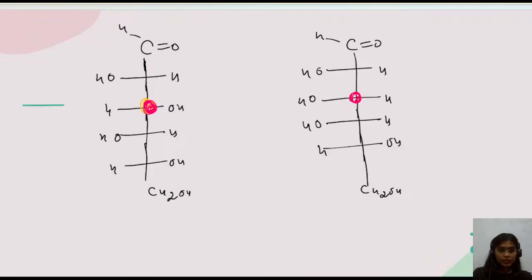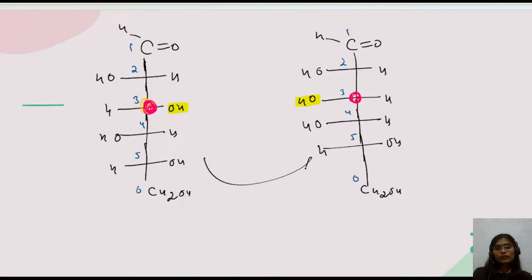Look at this. Here the OH is present on this side, and here the OH is on the other side. You can count the carbons as well: 1, 2, 3, 4, 5, 6, and again 1, 2, 3, 4, 5, 6. So at the third carbon the configuration is different. So they are examples of epimers.